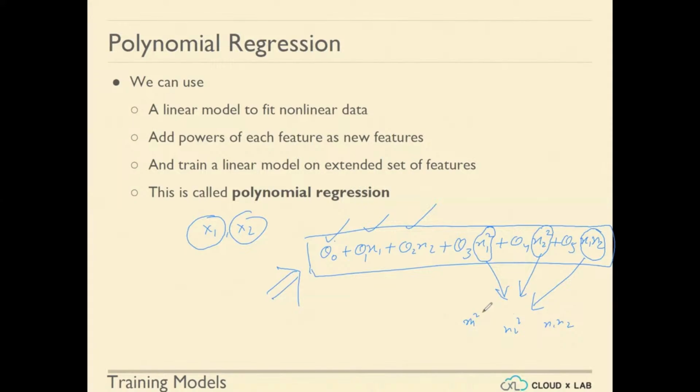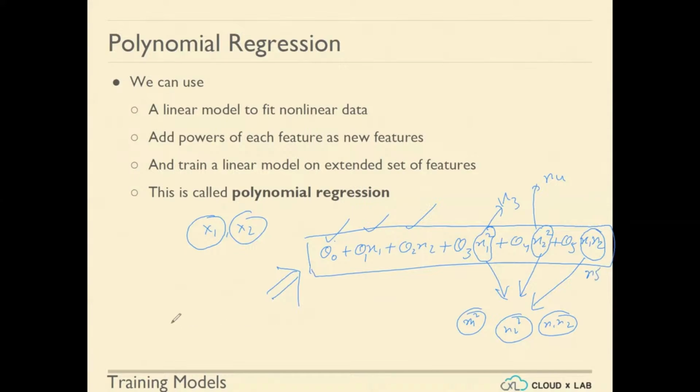So you are treating x1 square as a new feature, x2 square as a new feature, x1 x2 as a new feature. Let's say this is x3, this is x4, and x1 x2 is x5.